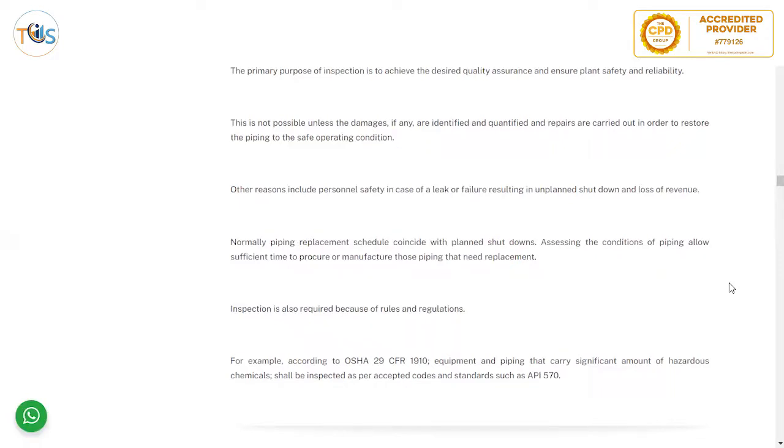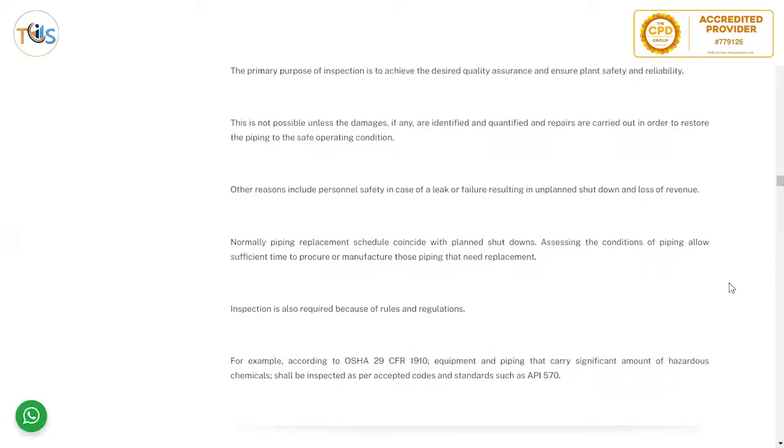Other reasons include personnel safety in case of a leak or failure resulting in unplanned shutdown and loss of revenue. So the primary reason for inspection is to identify and quantify the damages and then repair them to restore the pipe to the safe operating condition.